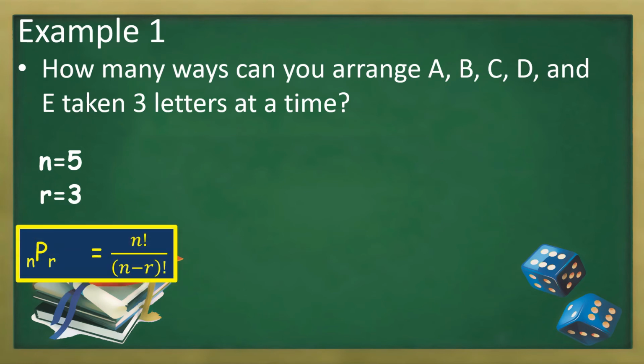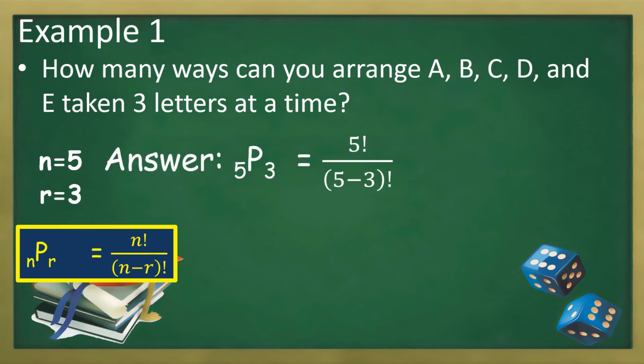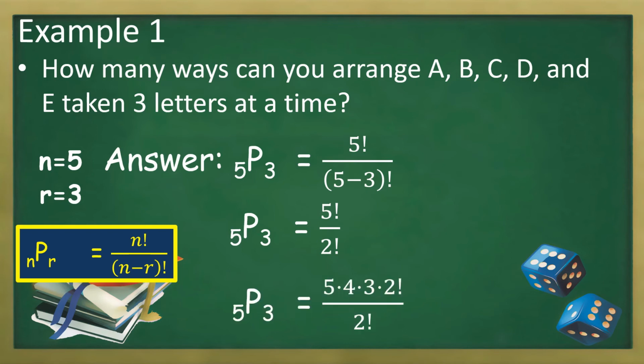Using our formula, nPr is equal to n factorial over n minus r factorial, we're going to replace the n with 5 and r with 3. So therefore, we will have 5 factorial over 5 minus 3 factorial, and that will give us 5 factorial over 2 factorial. Using recurrence relation for factorial, we will expand 5 factorial up to 2 factorial, and that will give us 5 times 4 times 3 times 2 factorial over 2 factorial.